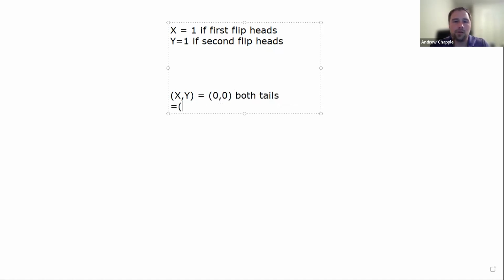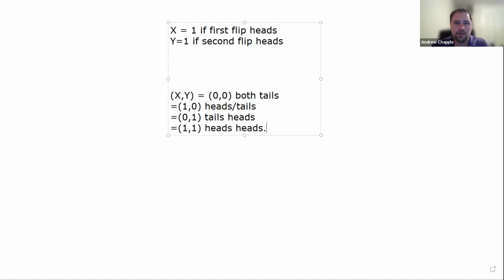It could equal 1, 0, which means heads, tails. It could equal 0, 1, which is tails, heads. And it could equal 1, 1, which is heads, heads. All of these events are equally likely, so the probability of each is 1 over 4, because there are 4 different options.